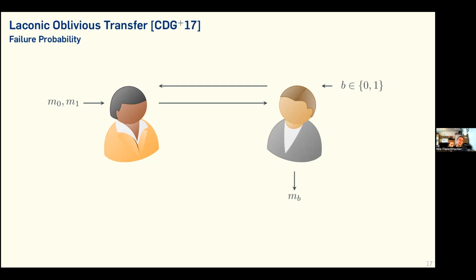Now, there's a variant of Oblivious Transfer, which is called Laconic Oblivious Transfer, which was first introduced by Cho et al. And the idea is that we want to make the communication overhead of many oblivious transfers as small as possible.